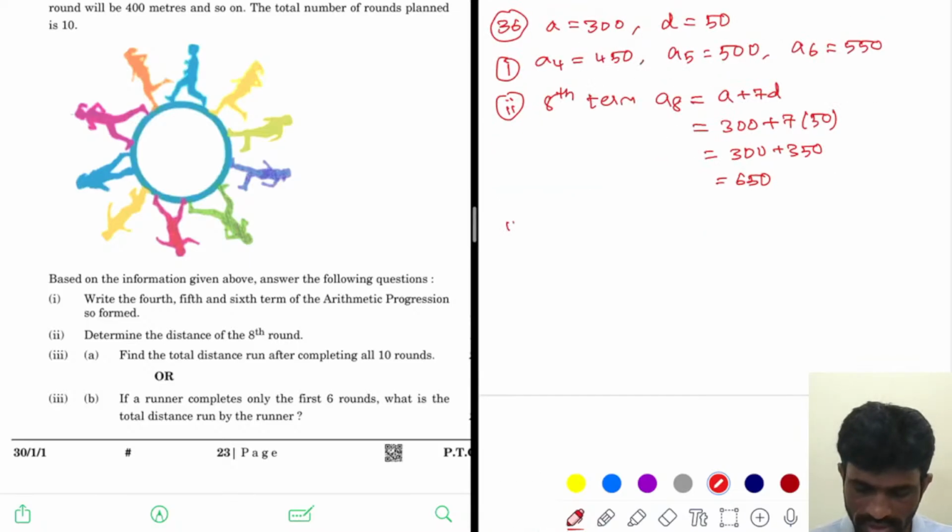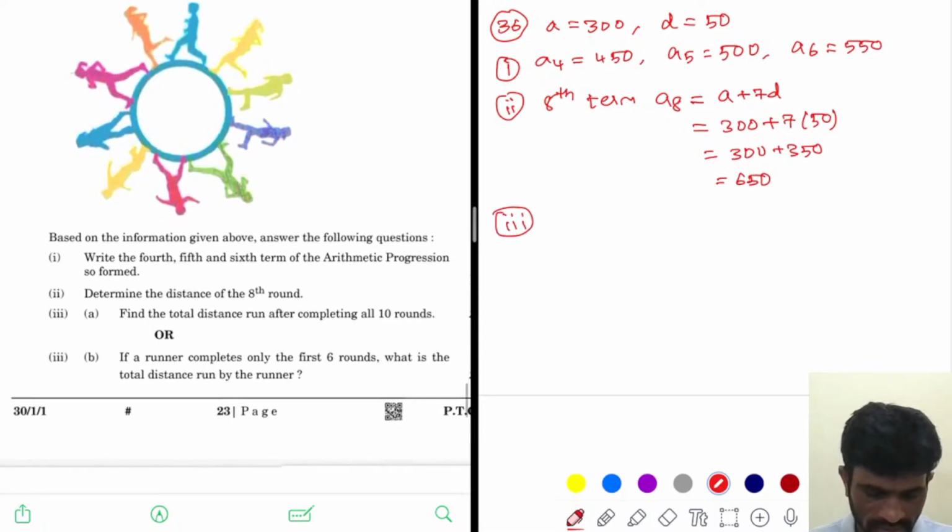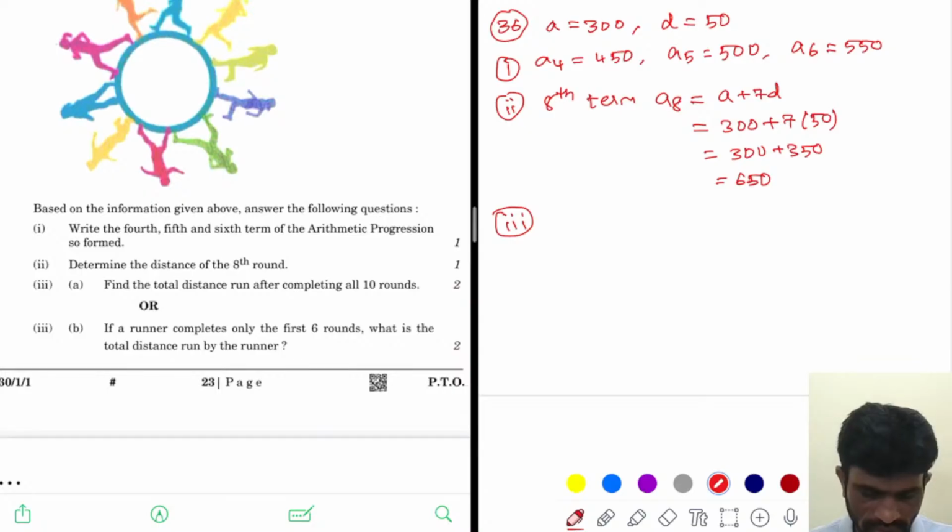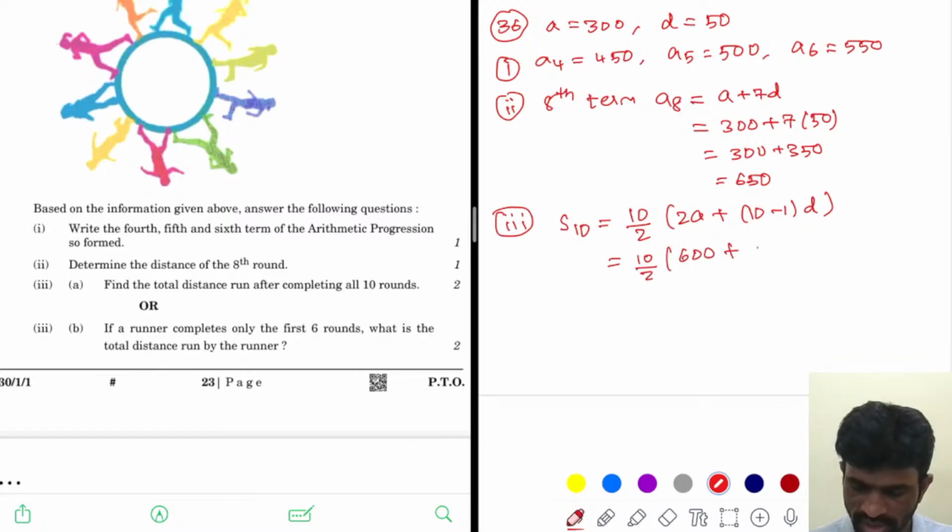Next question they are asking, the third question: find the total distance in 10 rounds. So S10 they are asking to find. Formula is 10 by 2 into 2a plus 10 minus 1 into d. So that is 10 by 2 into 2 into a, 600, plus 10 minus 1, 9, into 50.